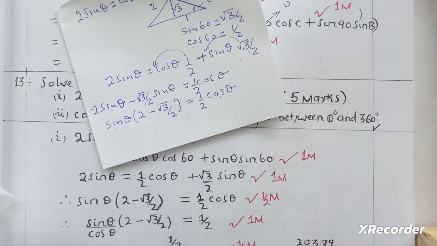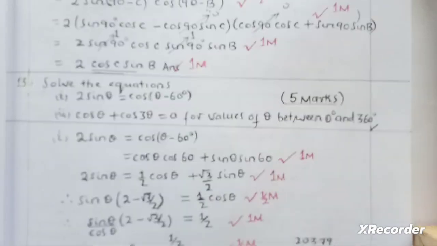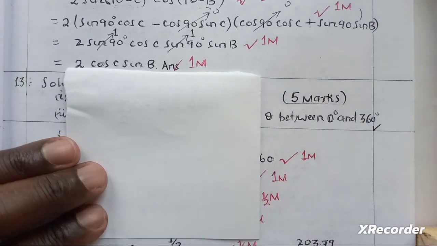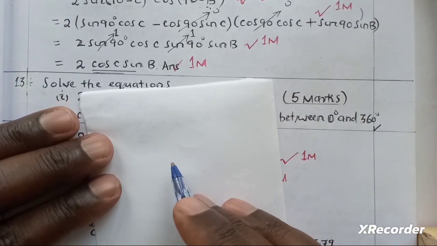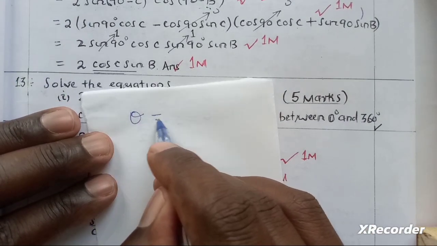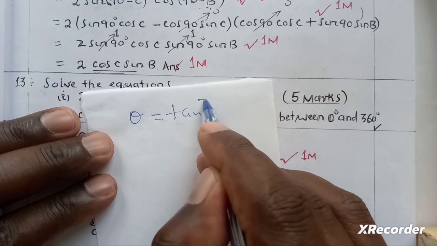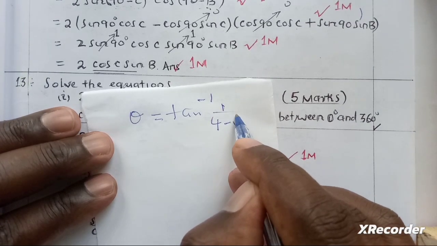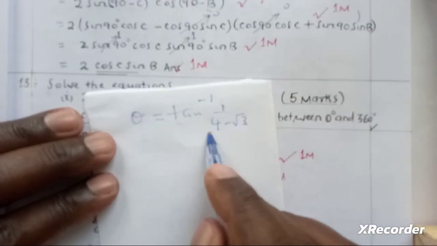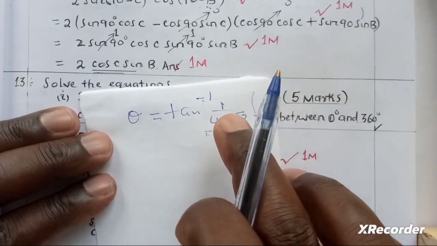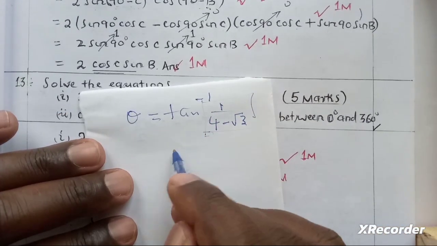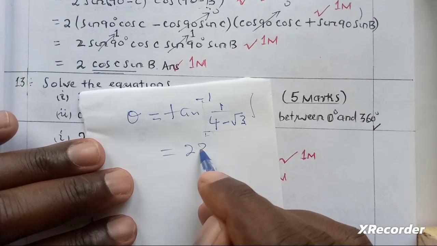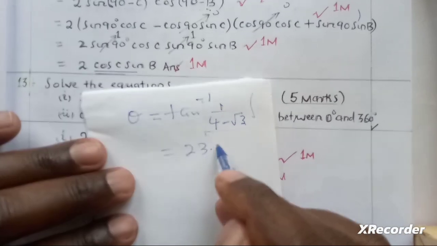So after getting this as our tan theta, we now look for the inverse. We say theta is equal to tan inverse of 1 all over 4 minus root 3. So using a calculator, we get a value there, and finally we are going to get our angle as 23.79.